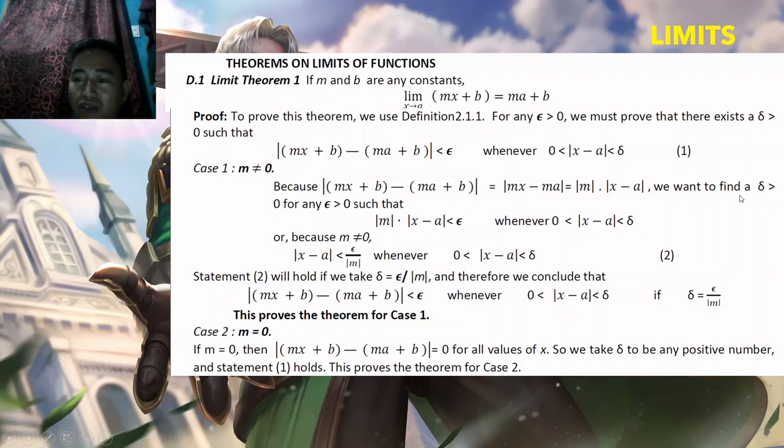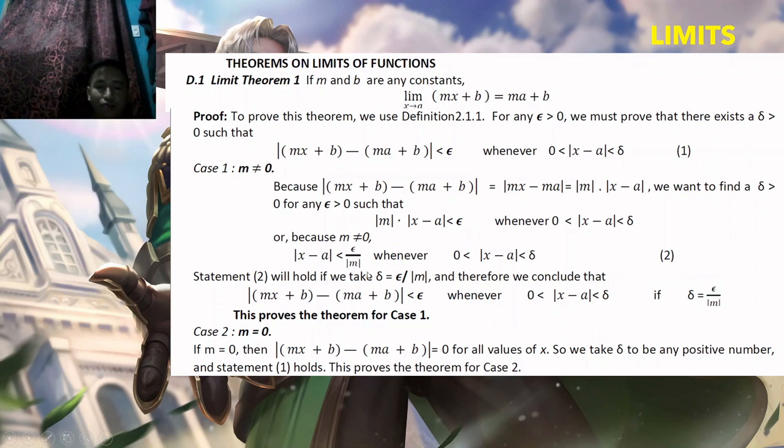Okay, so that we want to find a delta greater than 0 for any epsilon greater than 0 such that, so this is less than epsilon. Copy the whenever part. Or because m is not equal to 0, since m is not 0, we can divide both sides by the absolute value of m.